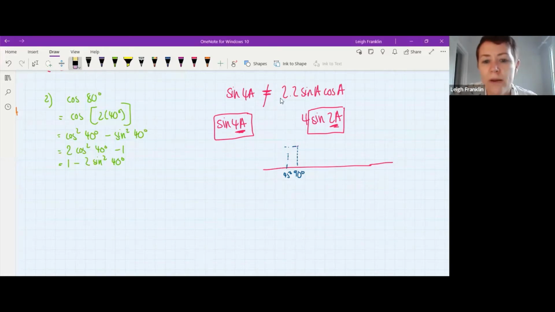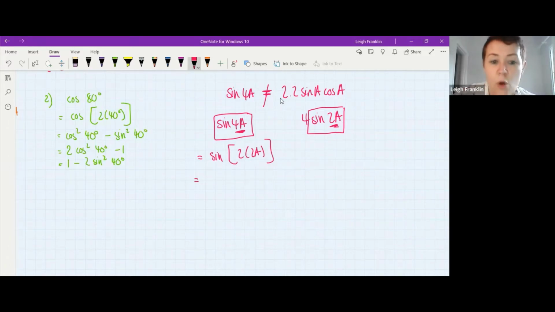For the one on the left, sine 4a means sine 2 times 2a, as we discussed, which would give us 2 sine 2a cos 2a.